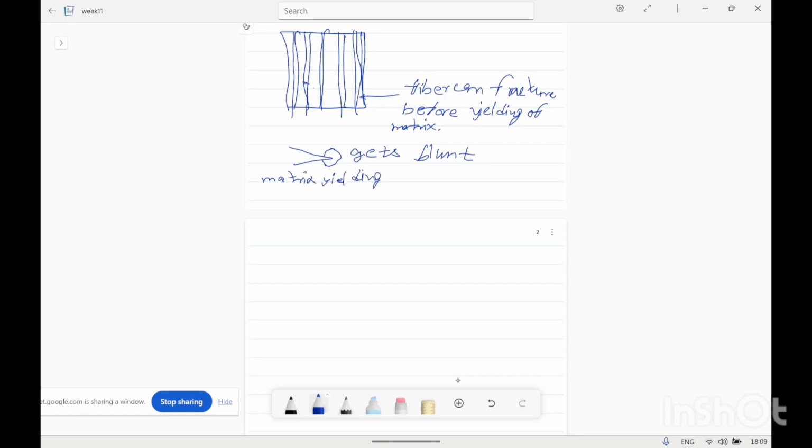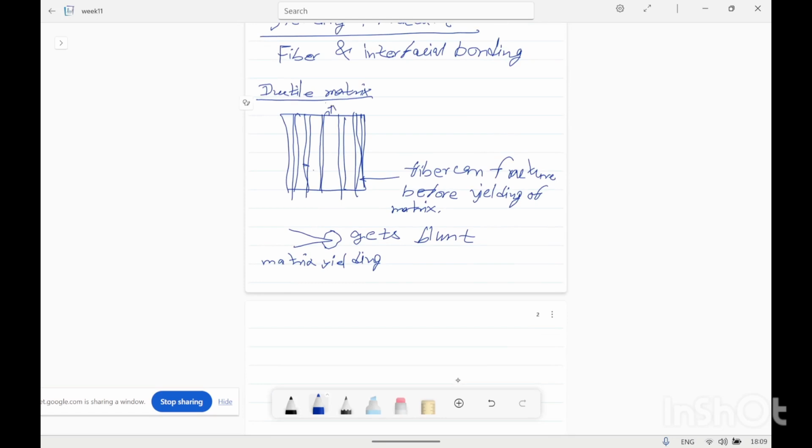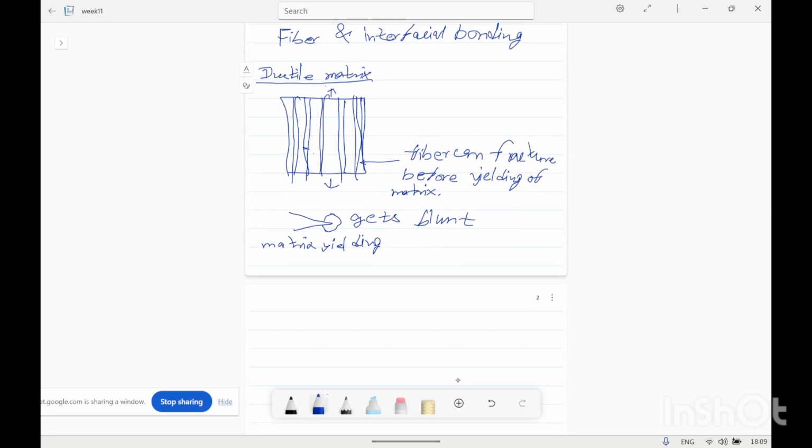Means as the composite is subjected to a tensile load, after the fracture of fibers, the stress will propagate through the matrix. So crack will propagate through the matrix with increasing stress, and the stress can be released by the yielding of matrix. That's why the matrix is helpful in preventing the crack in composites when it's soft and ductile.